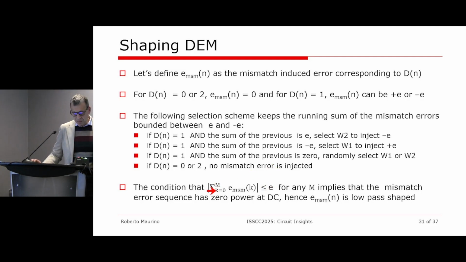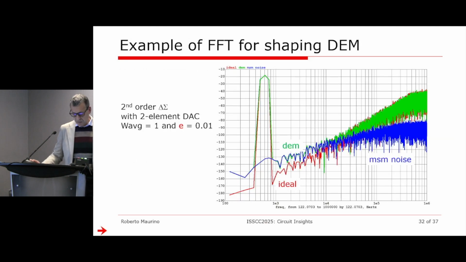If you think about this, it is basically the FFT of your input, run for m samples, and this means that even if you increase the number of samples, the total energy stays constant. So the power keeps decreasing as you increase the number of samples on which you look. You end up with a shaped noise, and we can see this in simulation.